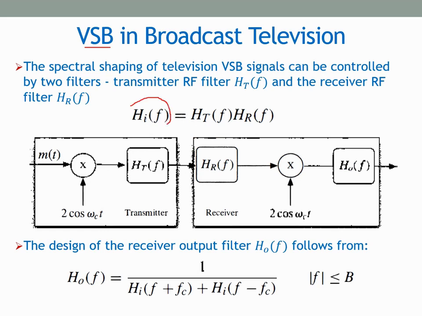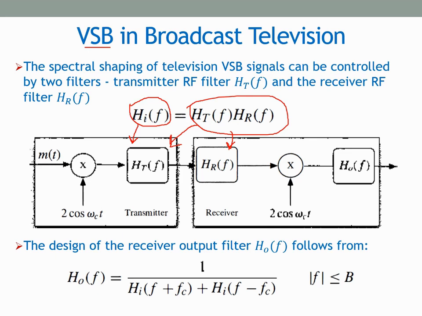Instead of using one single filter Hi(f) at the transmitter, its transfer function is divided into two parts. At the transmitter we have Ht(f), and at the receiver we have Hr(f). When these two are multiplied, they give us the filter response Hi(f).